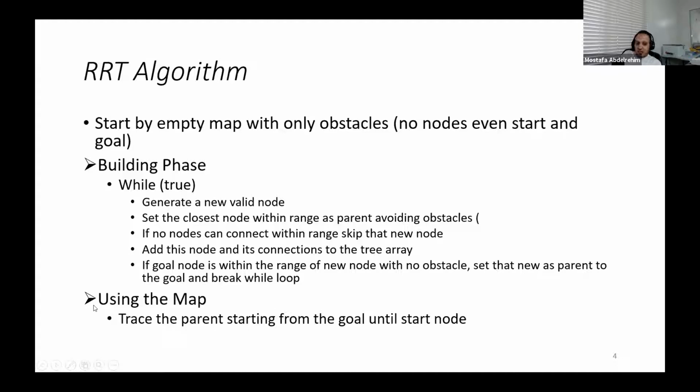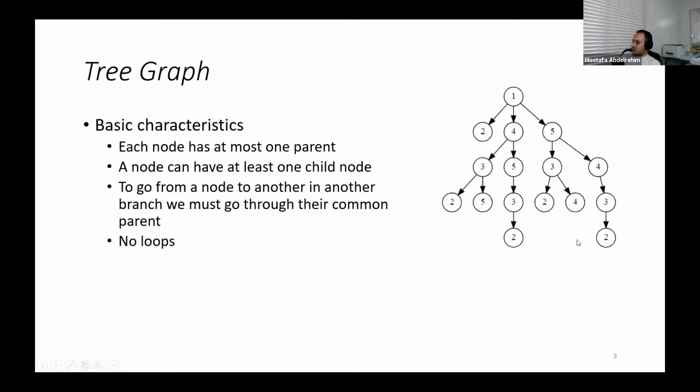The second phase is actually very interesting, and that's why we will appreciate the use of a tree graph: it is to build a route from the goal to the start node. If you notice, the goal node has no child, because once we generate a new node and this node could be connected to the graph, and before we go to another iteration, we find that the goal is close to this new node that we just generated, we just finish and we set this new node as a parent to the goal node, and we finish the loop.